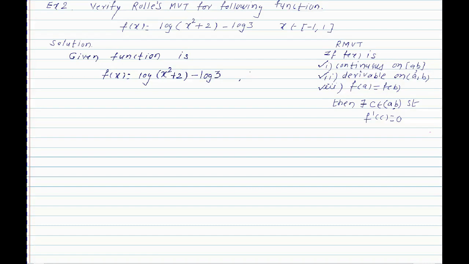It is defined on closed interval minus 1 to 1. Now log x is a continuous function on any interval if this expression is positive. Now it is positive on this closed interval minus 1 to plus 1.